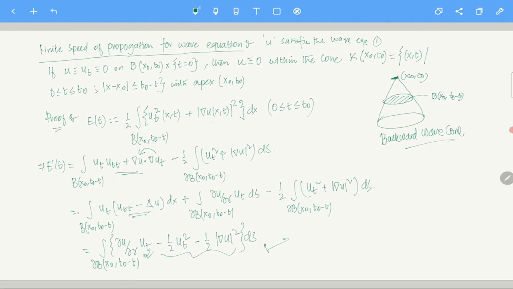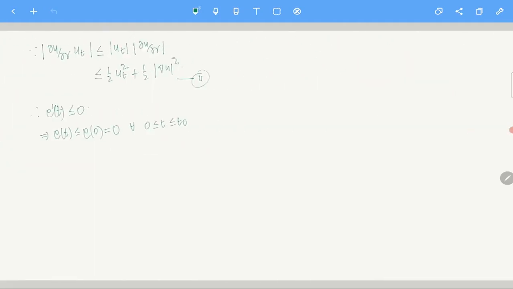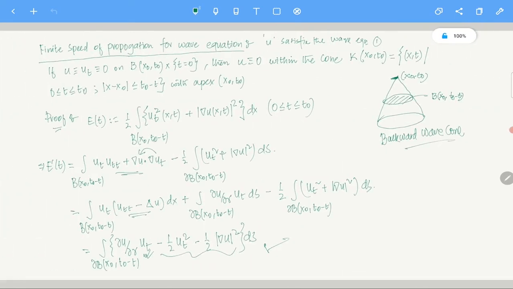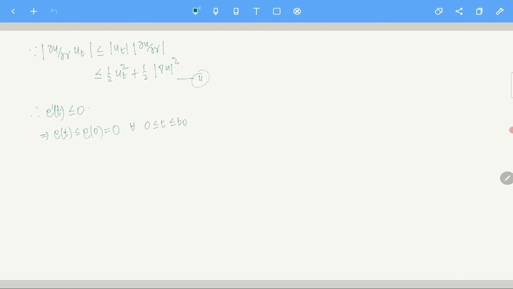And the integral at one point is going to be 0, right? Sorry, I just made a small mistake. This I should write as capital E. Capital E of t is less than or equal to capital E of 0, which is 0 for this.